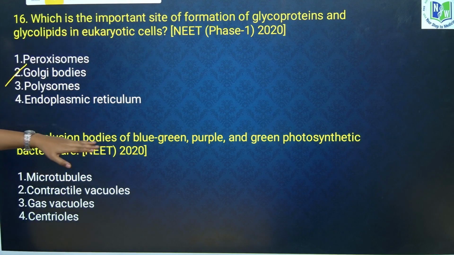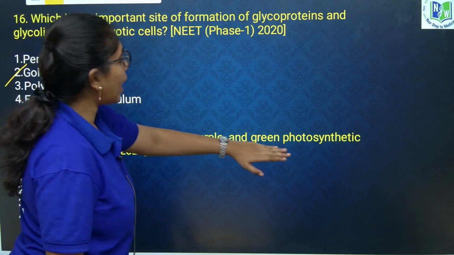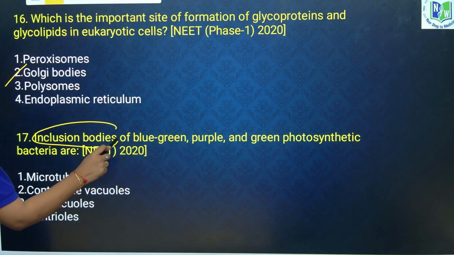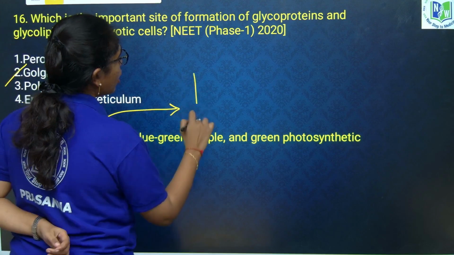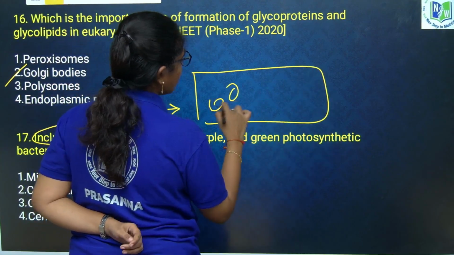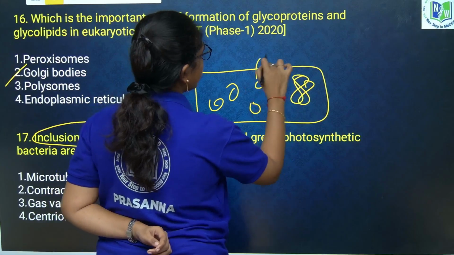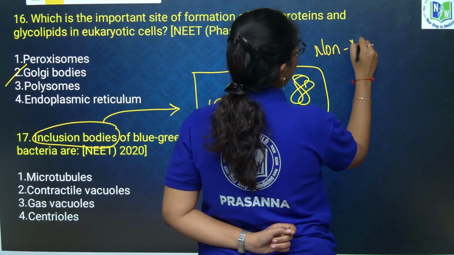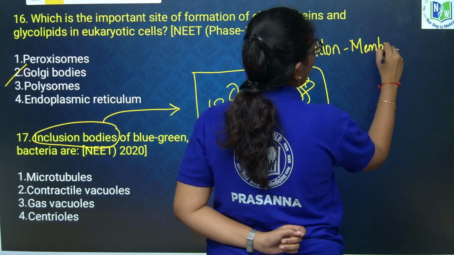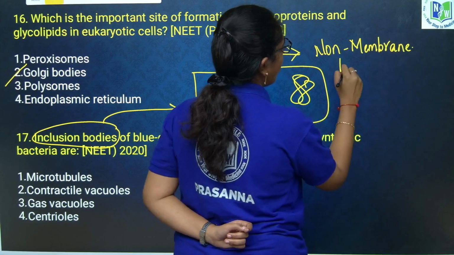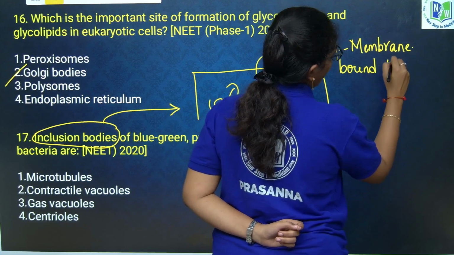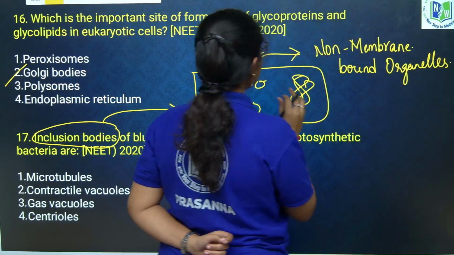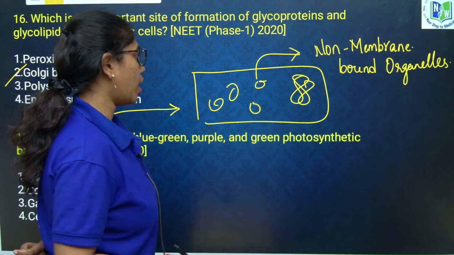Next, inclusion bodies of blue-green, purple and green photosynthetic bacteria. What are these inclusion bodies? Inclusion bodies are non-membrane bound organelles which are present in the cytoplasm of prokaryotic cells.